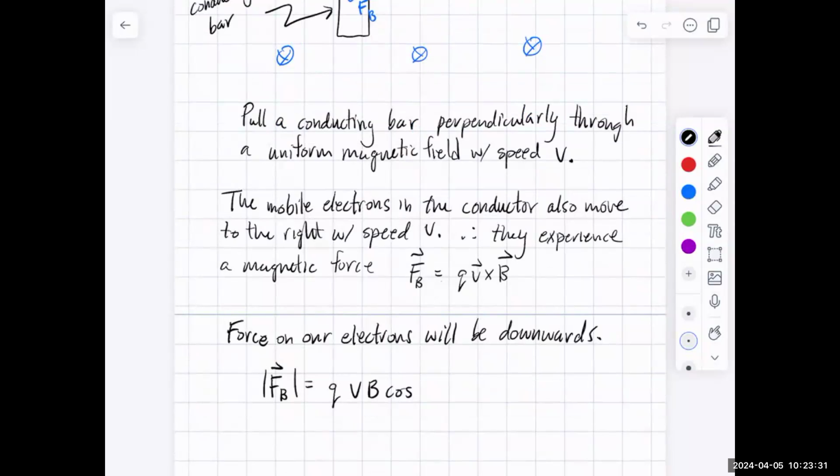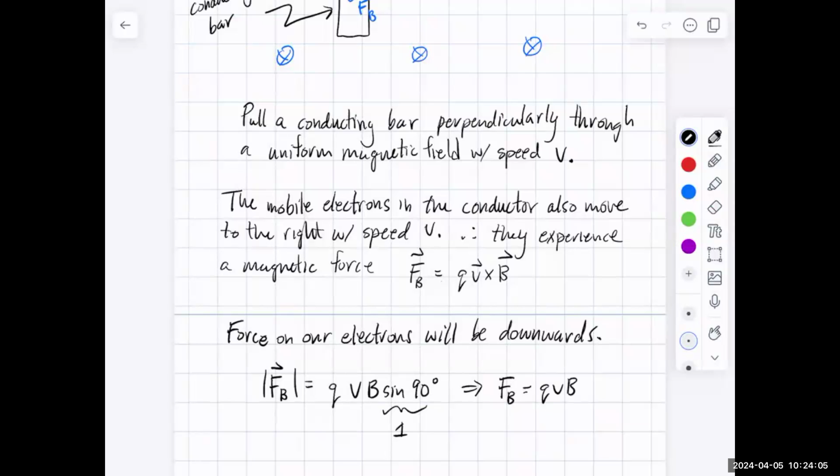The velocity was right, the magnetic field was into the screen, so they're perpendicular. And so, sorry, I got this wrong. Cosine is for dot products. We're doing a cross product. This would be sine of 90 degrees. And sine of 90 degrees is 1. And so therefore, our magnetic force has a magnitude of just q v times B, and it is downwards. Okay.